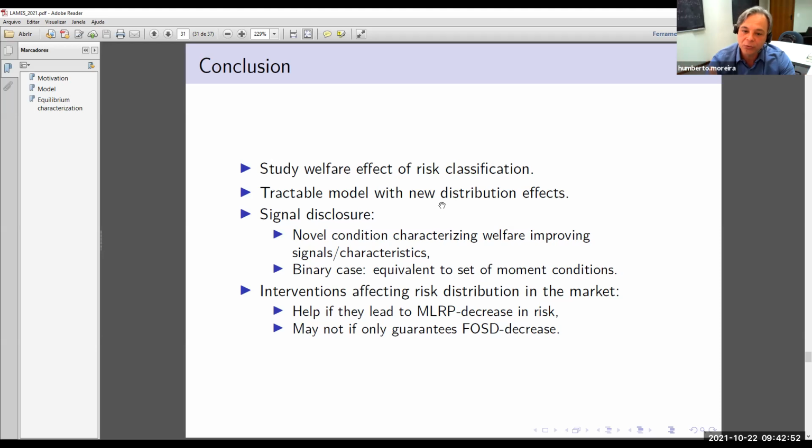What you do in this paper is show that with a multidimensional model in terms of the characteristics, you have to be careful, because there are some signal structures that are not good to allow the insurance company to condition on, right? So we really have this characterization in this parsimonious model.